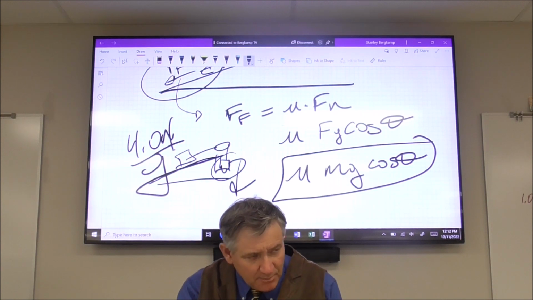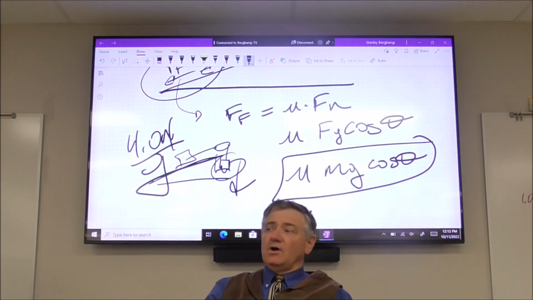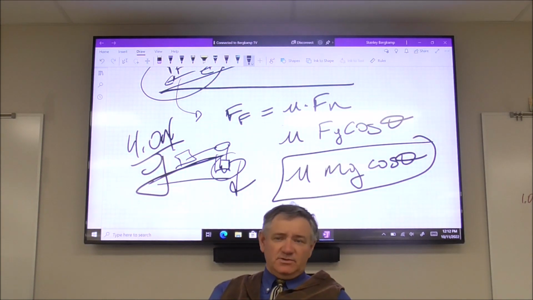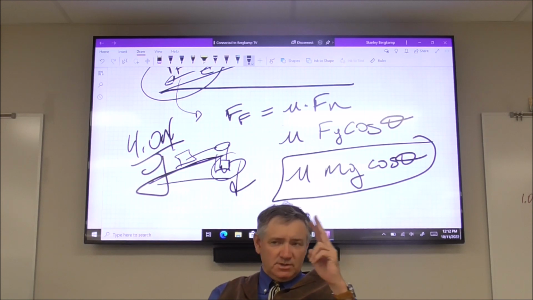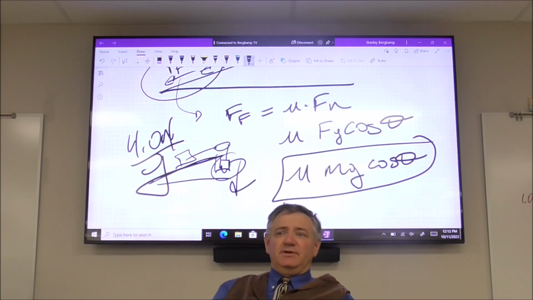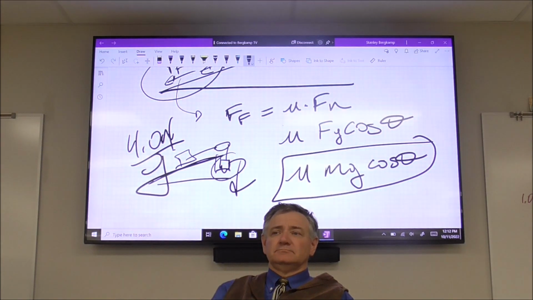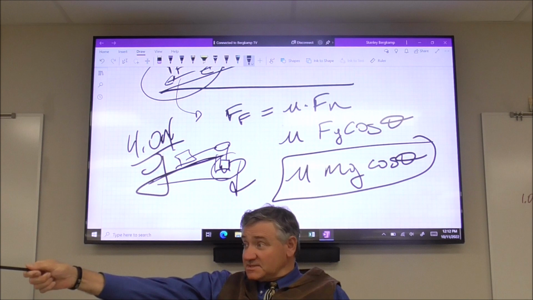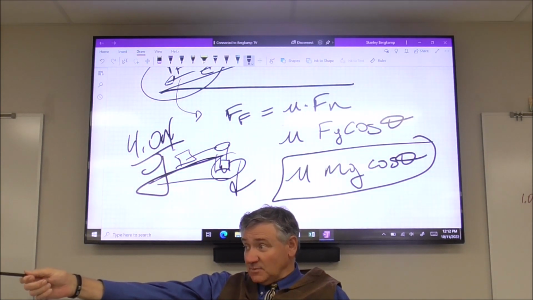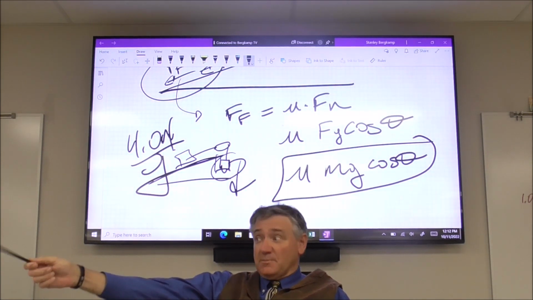Now, when you do number 3, you don't have to recalculate anything to do number 3. You're going to use the exact same numbers that you used on number 2. But what's the difference between number 2 and number 3? The only difference is friction. Friction in this case is acting which way on number 3? Up the hill.